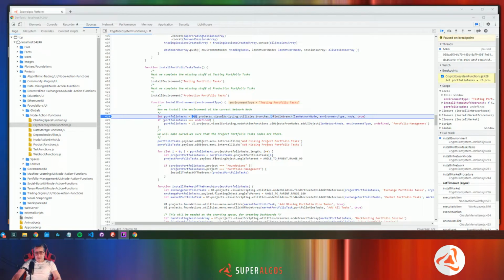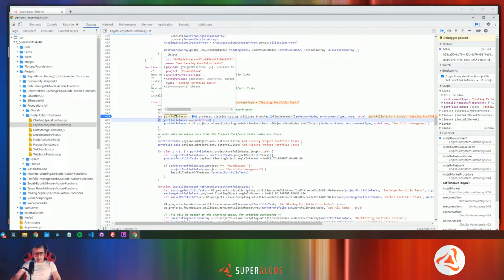Okay, so let's check this out. Portfolio tasks. Why is this not undefined?